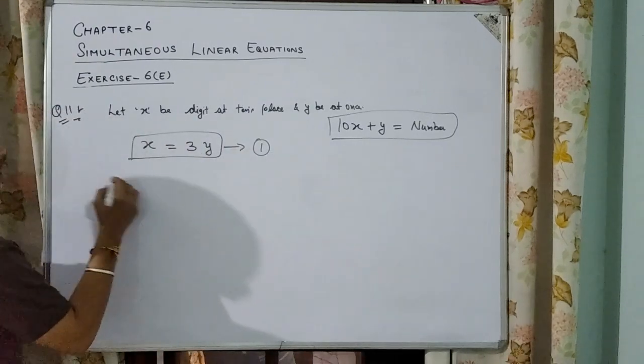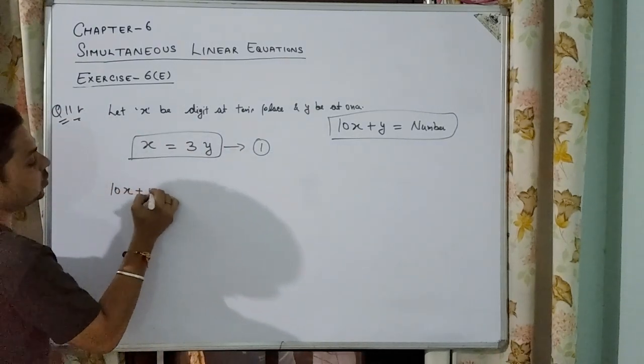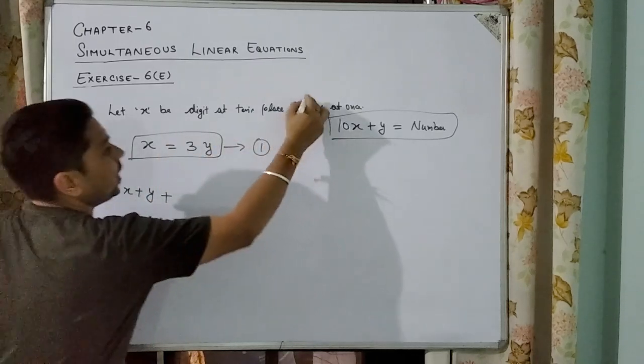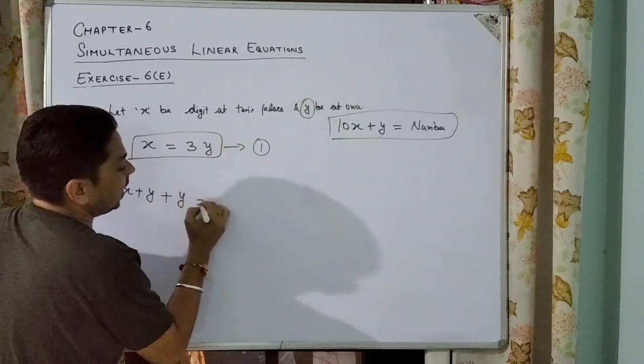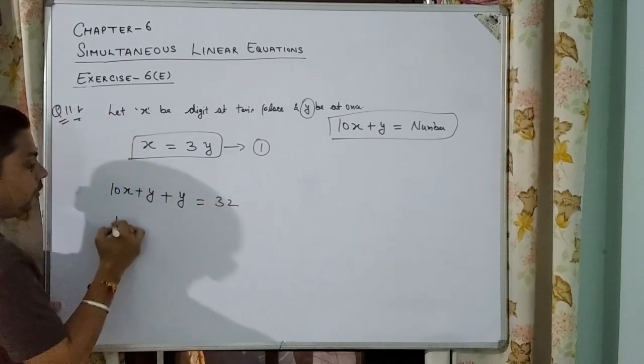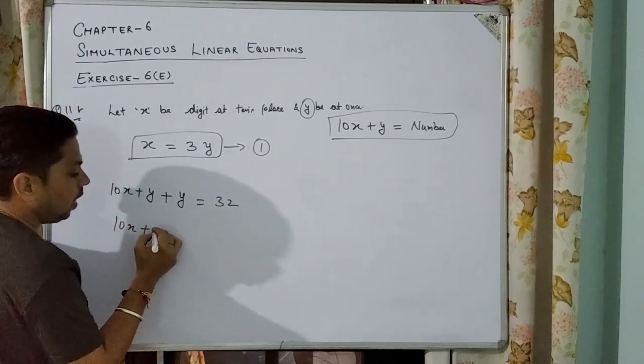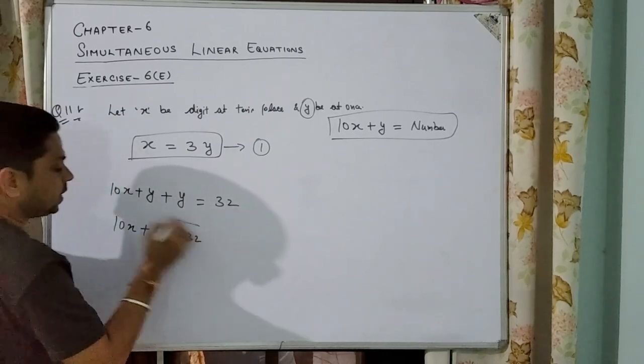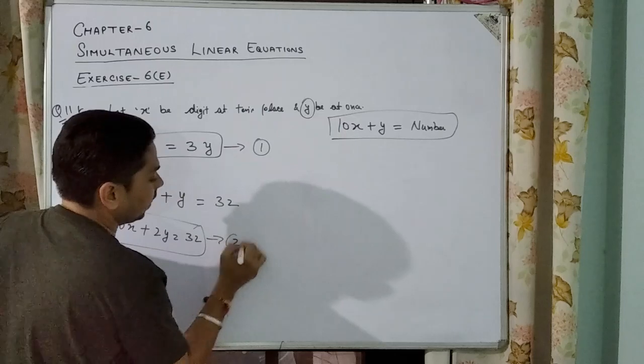That means 10x plus y plus the unit place digit, which is y, is equal to 32. So we have 10x plus 2y equal to 32. This is the second equation.